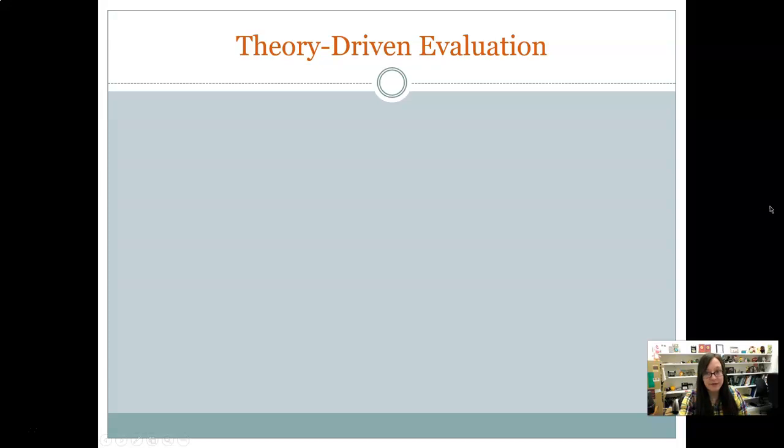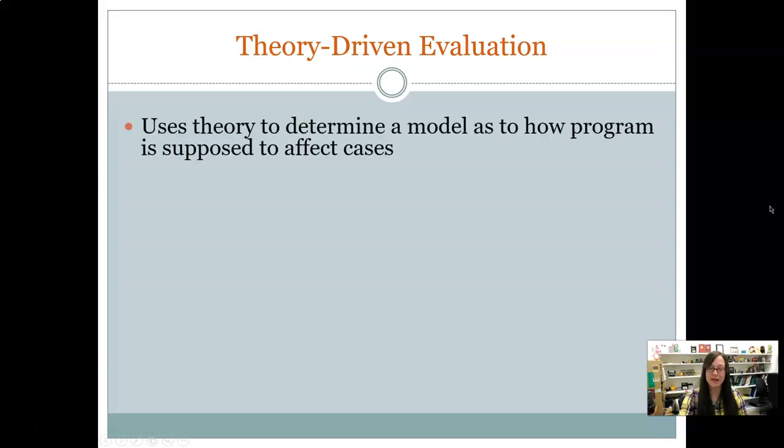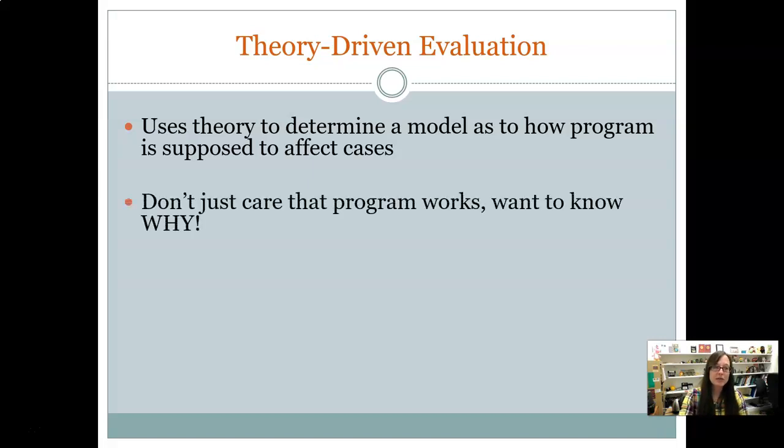But the theory-driven evaluation is where we do care. It uses theory to determine the model of how the program is supposed to affect cases. Is it working the way that it's supposed to work, did we expect this, why should it work, and maybe why doesn't it work? So we don't just care that the program works, we want to know why.